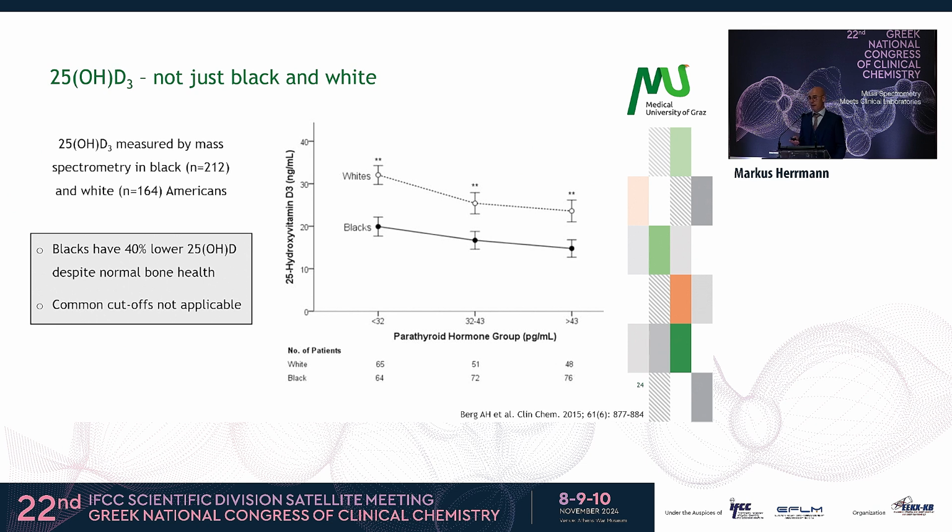Now, this comparison of black and white individuals nicely illustrates the limitation of assessing vitamin D status by 25-hydroxyvitamin D only. At any given parathyroid hormone concentration, black individuals, on average, have a 40% lower 25-hydroxyvitamin D concentration without having any disadvantage in terms of bone health or fracture risk.